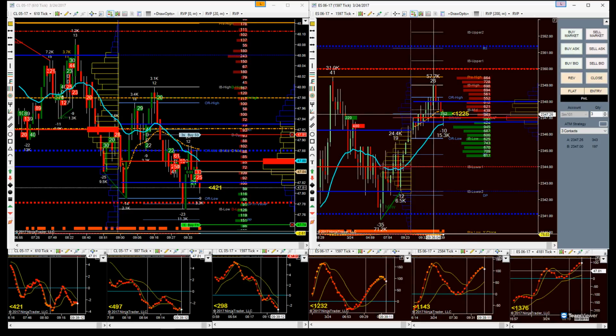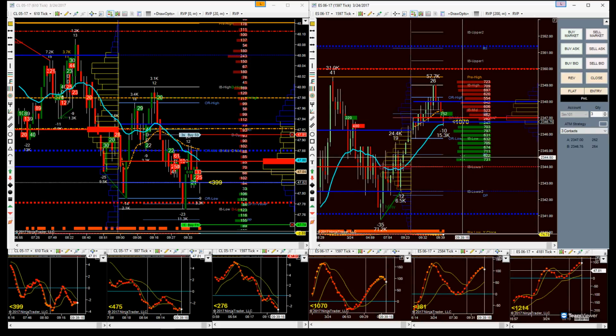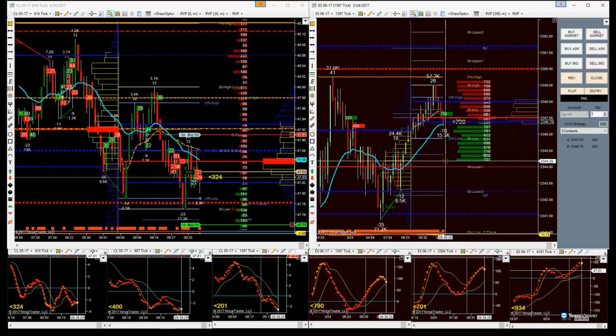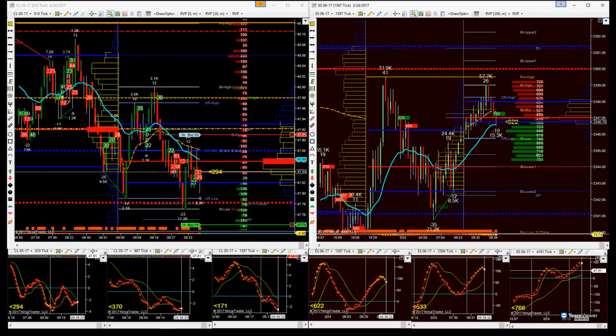Real big buy here in the S&P. And the S&P, these numbers obviously are going to look very different than the ones we look for in oil. Much larger size traded in the S&P as opposed to the oil market, actually, as opposed to almost any other market.